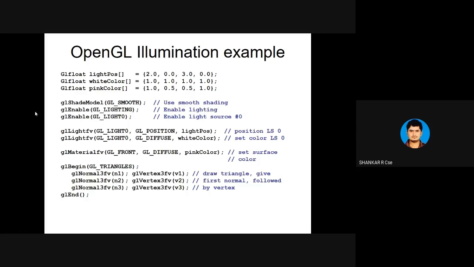You can see all these codes here: GL shade model, smooth lighting, light zero, light FV. You can see here GL position, GL diffuse, triangle, normal, all these stuff. So the first question you should get is, what is going on here? We shall come back to this slide once we are done with these properties.